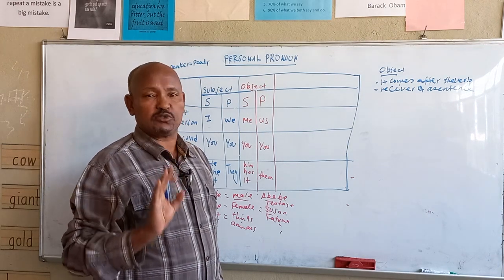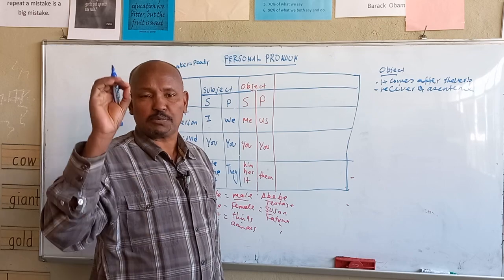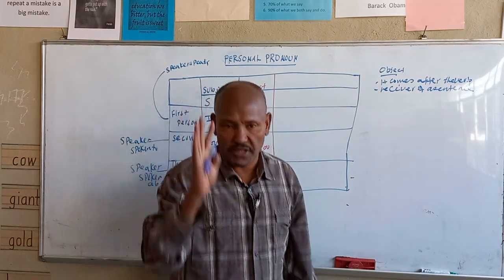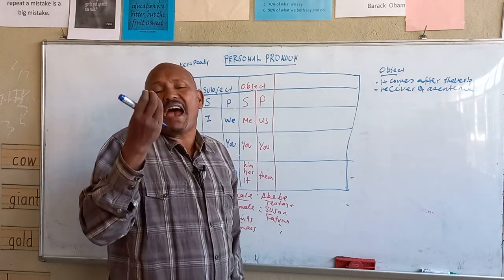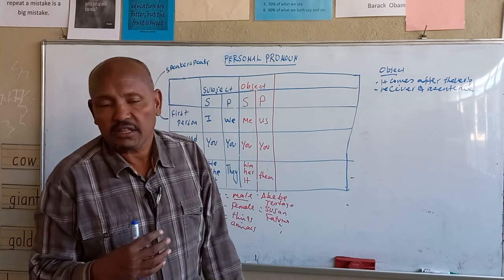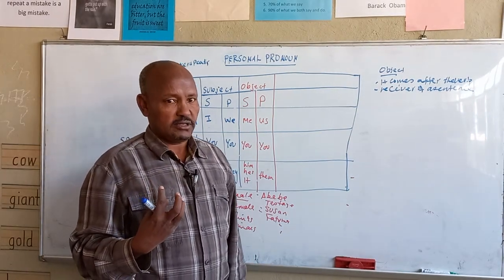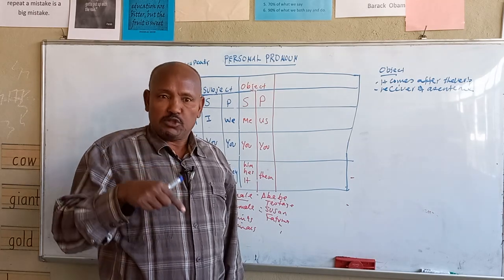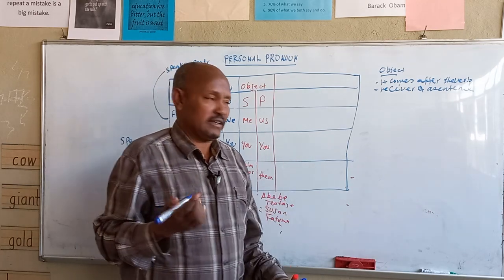It's quite wrong, because we cannot get a meaning whenever we write this object of the personal pronoun at the beginning of the sentence. So that's why I want to give high emphasis, because these personal pronouns are the backbone of the English language. That's why I'm giving you a lecture on this lesson.